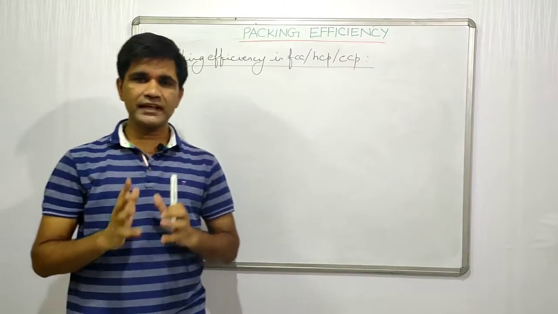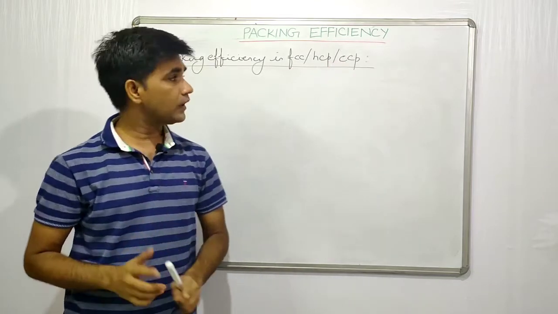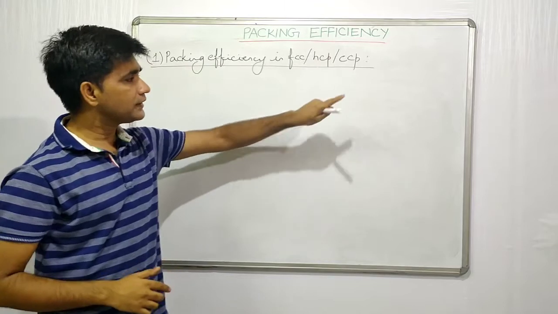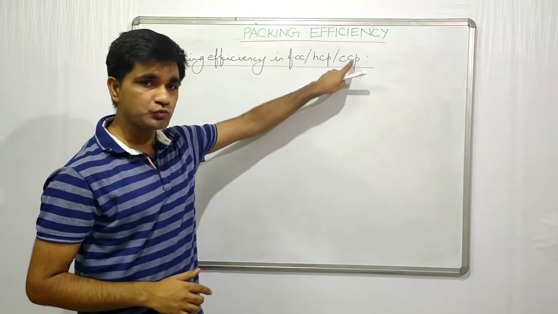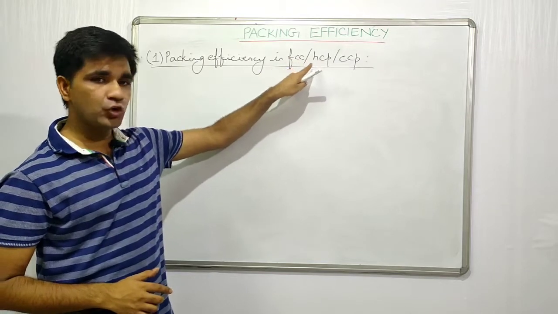Packing efficiency in case of FCC, HCP and CCP would be the same. HCP means hexagonal close packing, CCP means cubic close packing and FCC means face centered cubic.